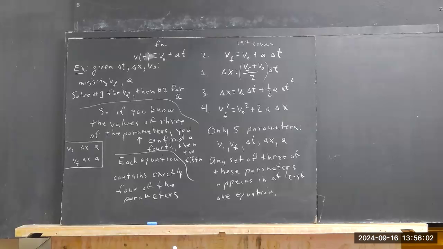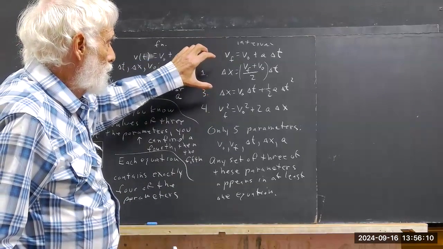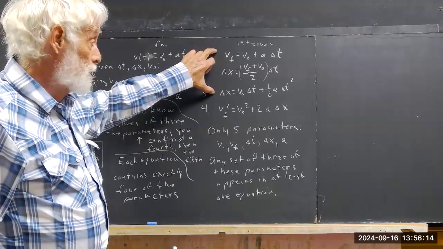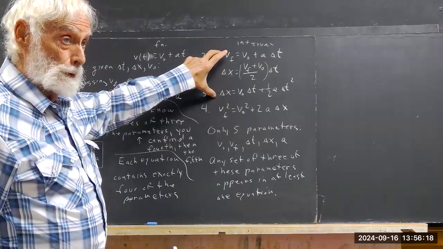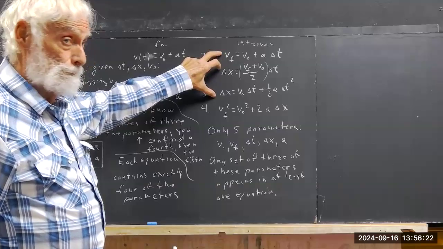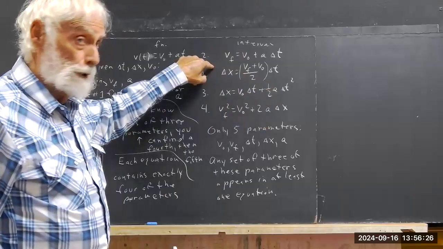The only equations you can use are equations that are derived from these two really basic equations. And incidentally, this equation is obtained from these two by solving simultaneously and eliminating A. You solve this one for A, plug into this, and this equation comes right out.